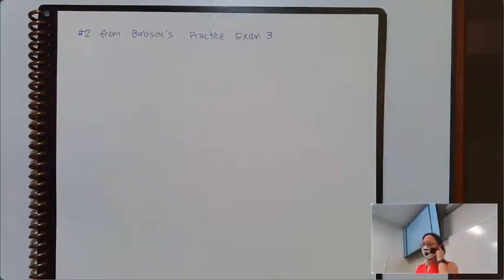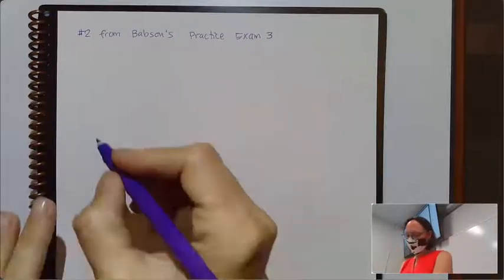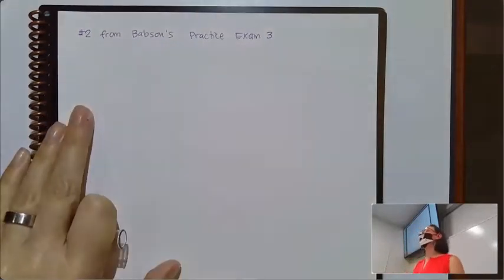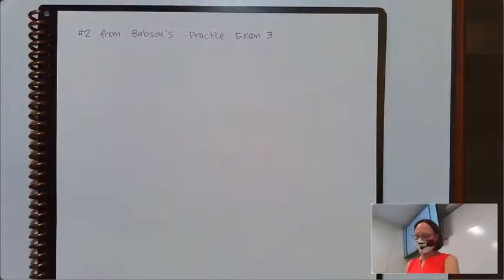The problem tells us that it's a related rates problem, which is kind of nice. But even if it didn't, we should be able to deduce that it's a related rates problem.